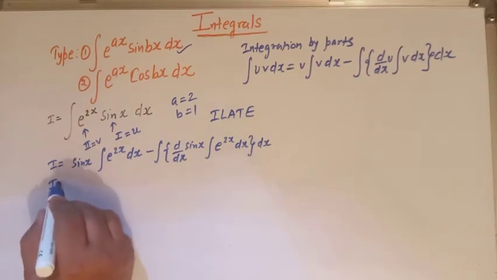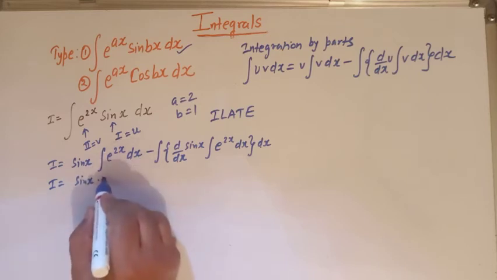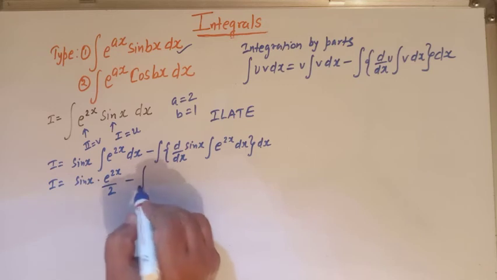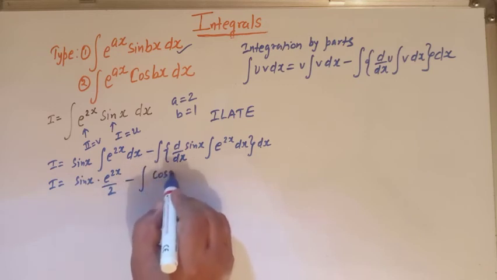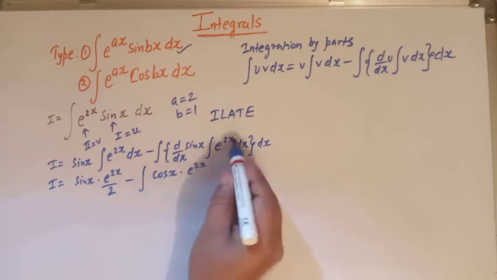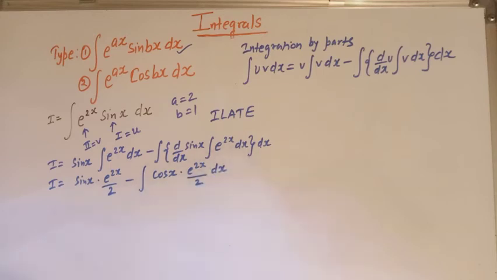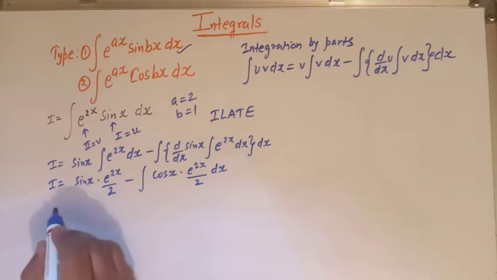Now this can be written as sine x, e raised to 2x over 2, minus the integral of the derivative of sine, which is cos, times e raised to 2x over 2, dx.